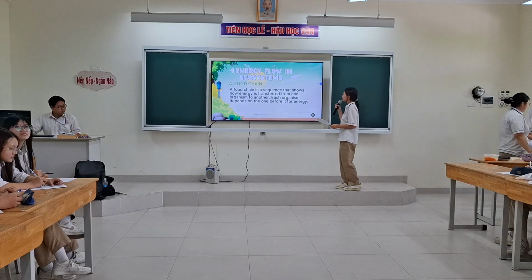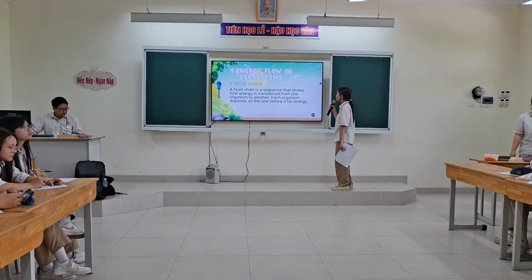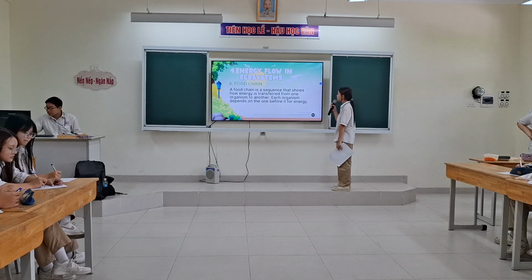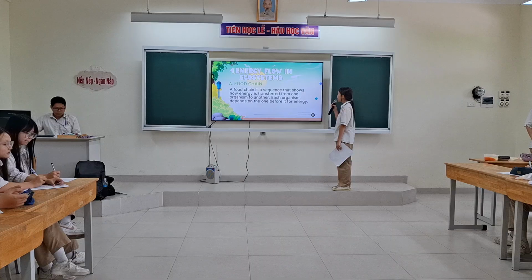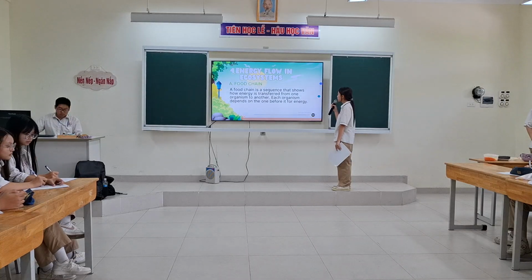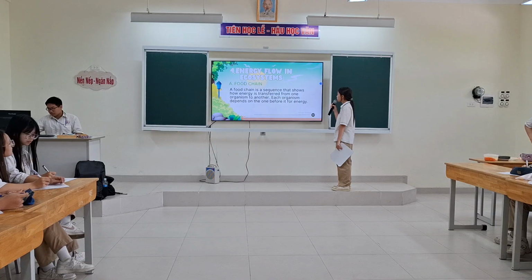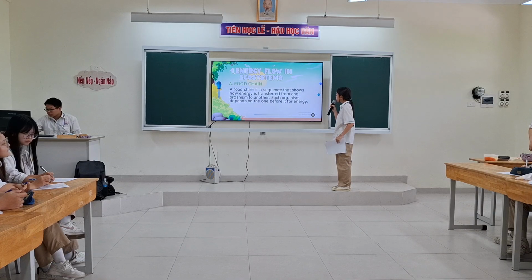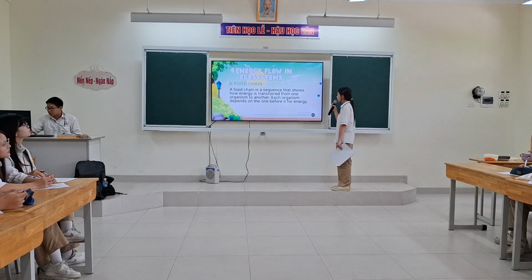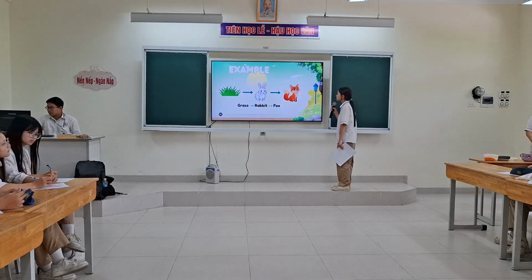For energy flowing through an ecosystem, a food chain is a sequence that shows how energy is transferred from one organism to another. Each organism depends on the one before it for energy.